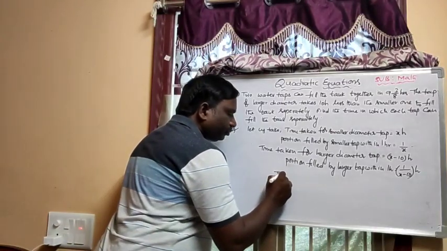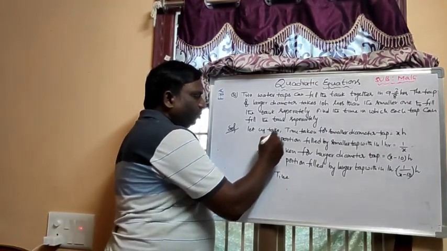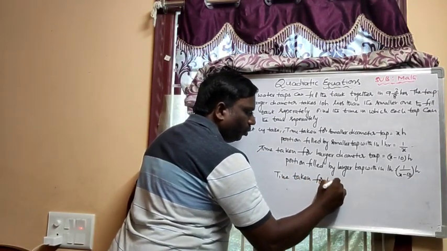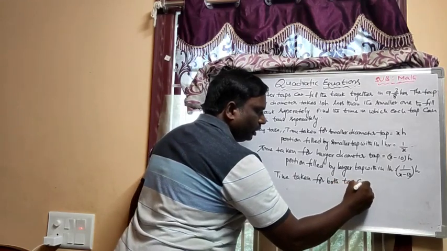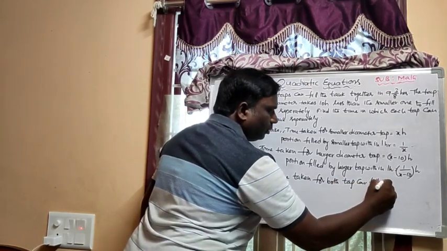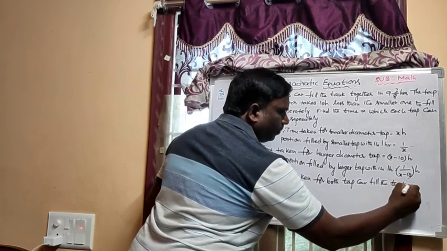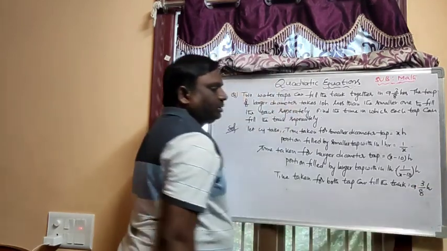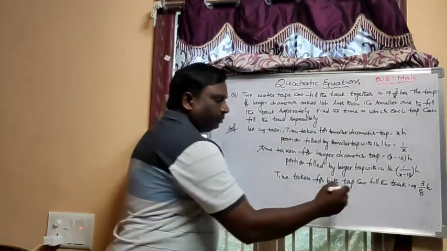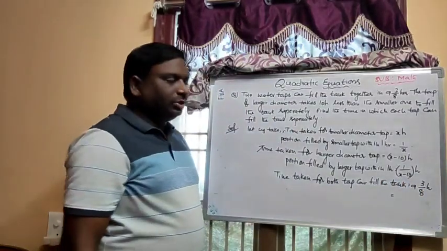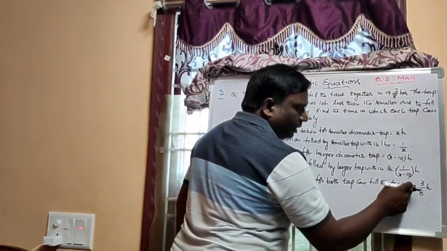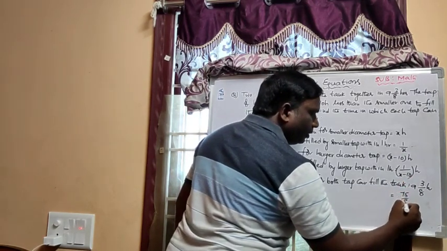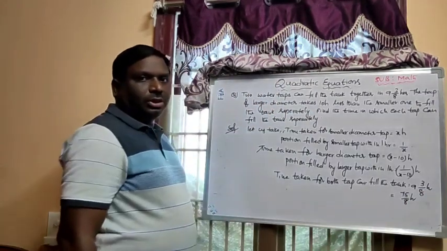Here I'm writing the time taken only: time taken for both taps to fill the tank equals 9 3/8 hours. Now 9 3/8 is a mixed fraction, so change it into an improper fraction: 8 nines are 72, 72 plus 3, that is 75/8 hours.